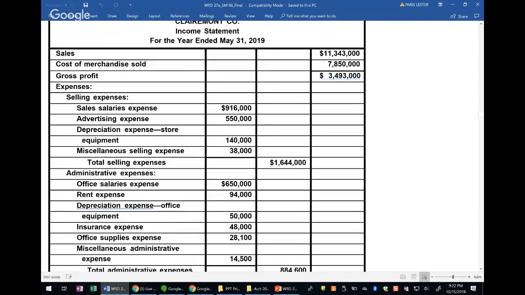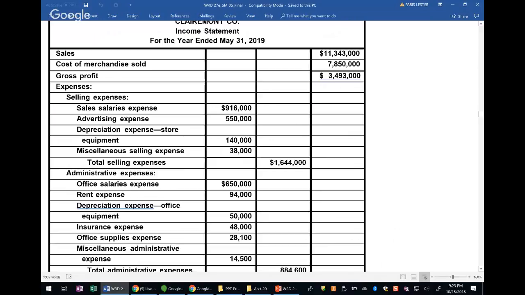And if you notice, you take sales minus cost of goods sold, gives you gross profit, minus selling expenses, which include sales salaries, advertising, store equipment depreciation, and miscellaneous.